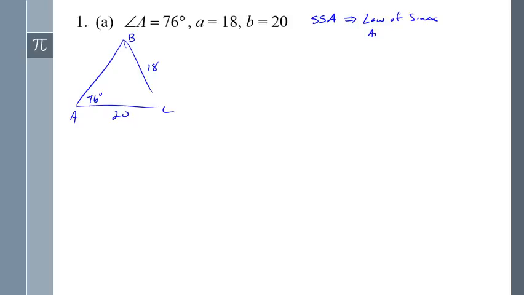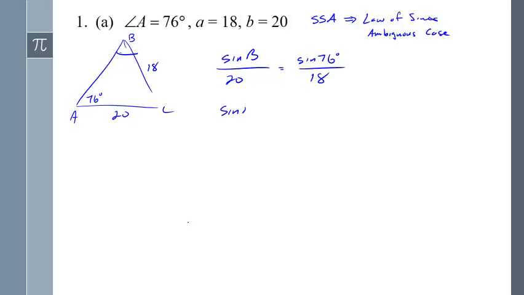and I need to be concerned about the ambiguous case. So I have to check for multiple possible triangles. So to set this up, I'm going to solve for missing angle. I'm going to start with angle B. So that's going to be the sine of B over 20 is equal to the sine of 76 degrees over 18.